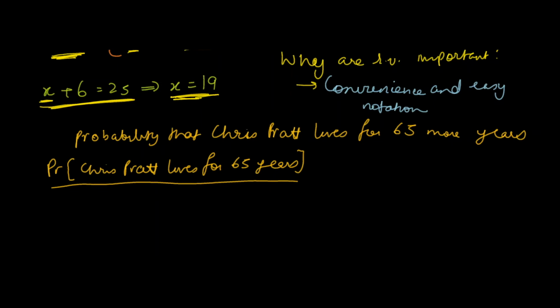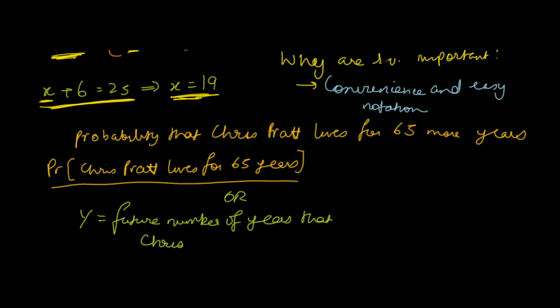So now imagine, I think what would be better is if we could just define a random variable Y. So let me just rewrite that. Let's say we define a random variable Y which equals the future number of years that Chris Pratt lives.